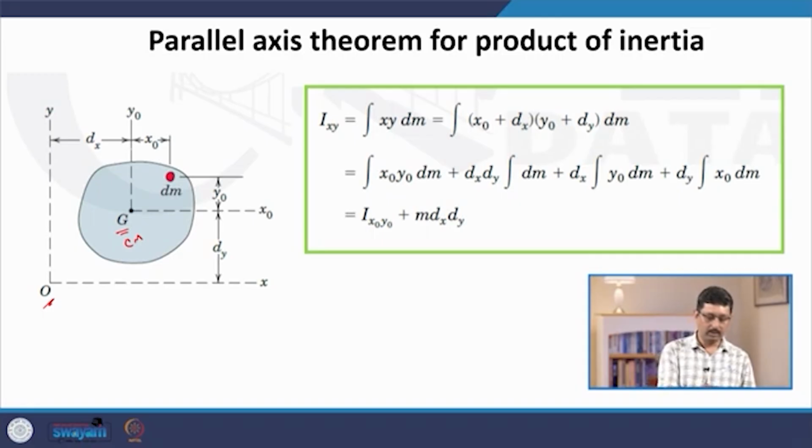This is clear because you see that the x naught axis is passing through the middle of the object. So, if there is one mass element dm here, we can also have another mass element roughly on the opposite side, at a position which is symmetric about the x axis, and similarly at a position symmetric about the y axis.